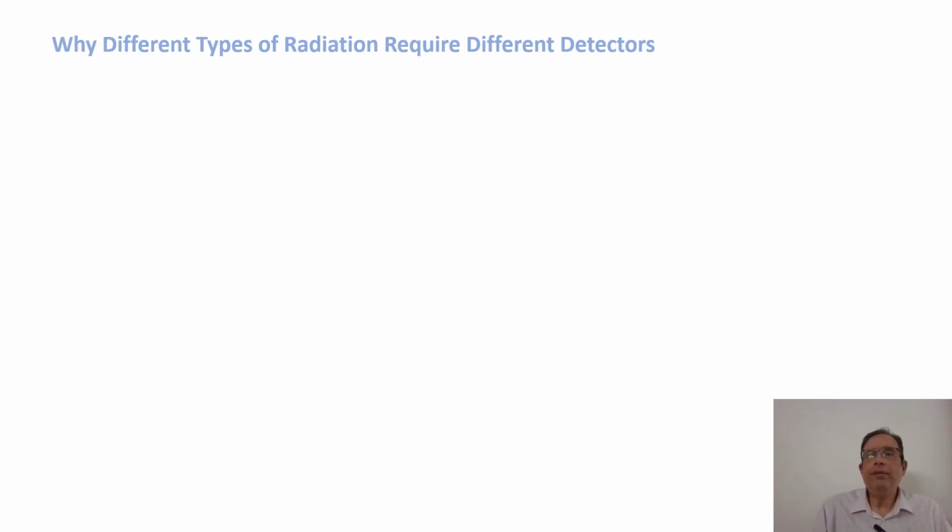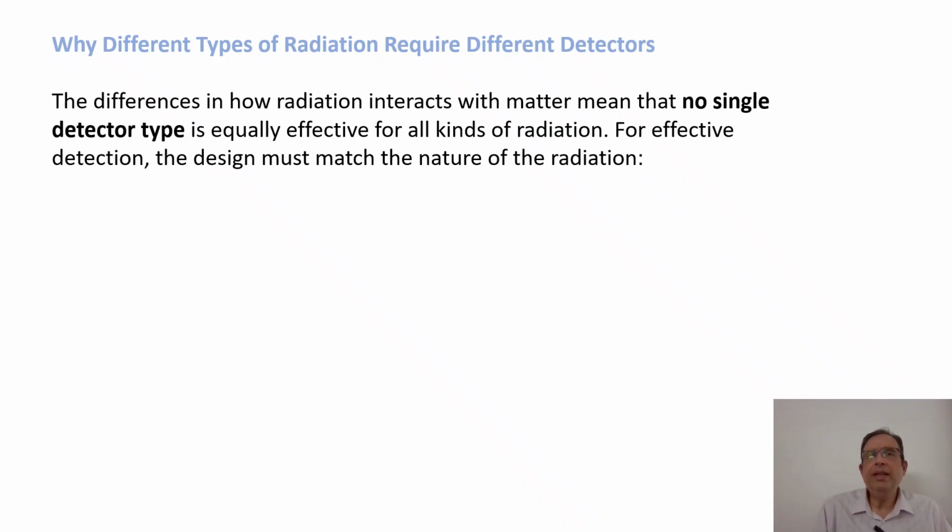Different radiations require different types of detectors, the reason being that no single detector is equally effective for all kinds of radiation. Any detector must match the type of radiation that is being studied.